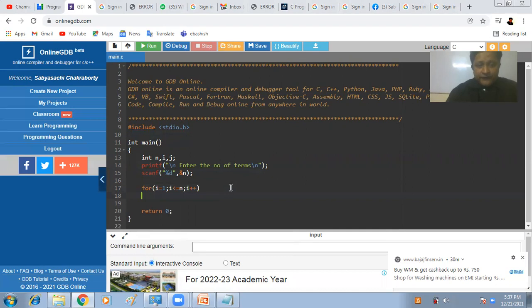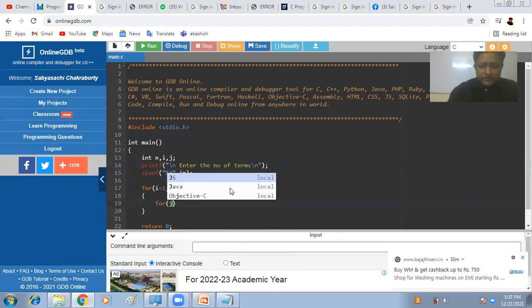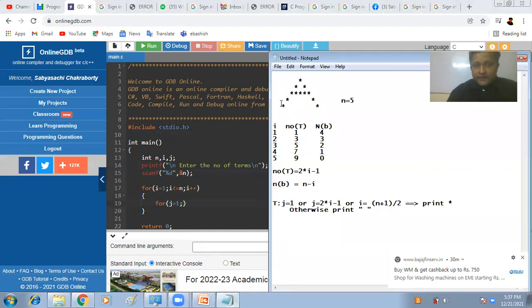For every row, I is a row counter, a row index. J should start with 1, as the blanks will be printed prior to the stars of the pyramidal structure.